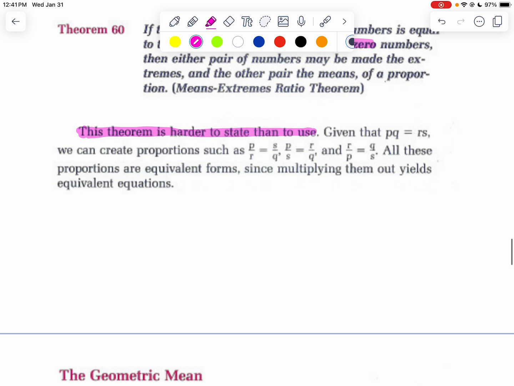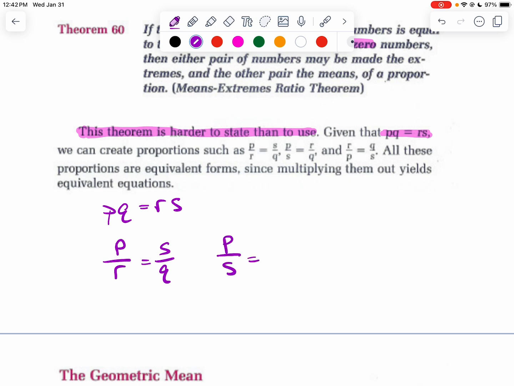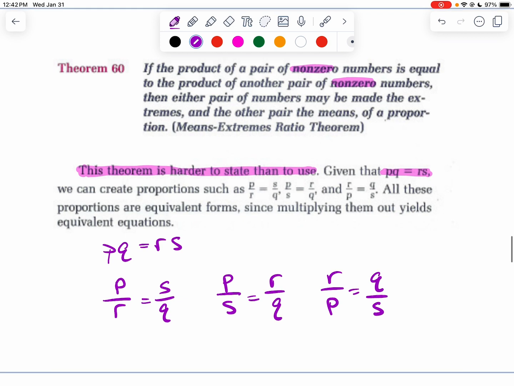Okay, so if we look at this, PQ equals RS. So we can say P over R equals S over Q. We can say P over S equals R over Q. We can say R over P equals Q over S. With this theorem, we're making sure that we're keeping the means and the extremes on the same diagonal.